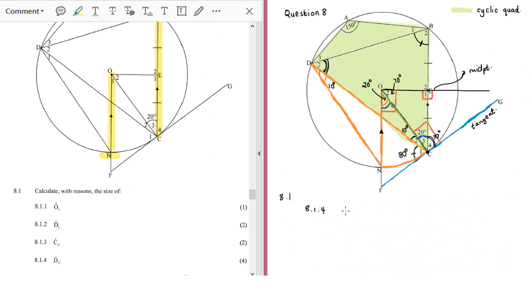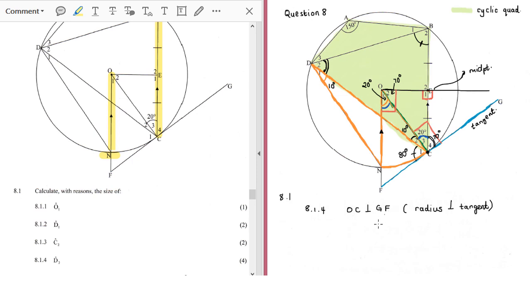We first need to say that OC is going to be perpendicular to the full length GF. What's our reason over here? The reason is because we have a radius, which is OC, which is perpendicular to the tangent. That's what creates that relationship over there.